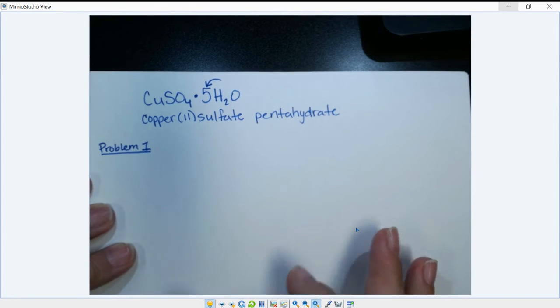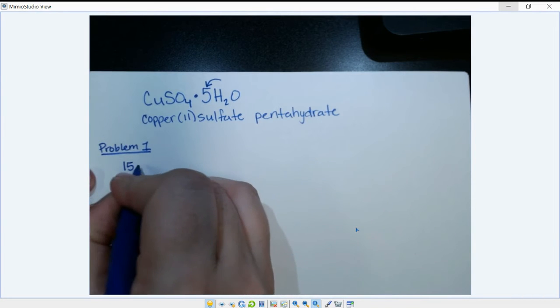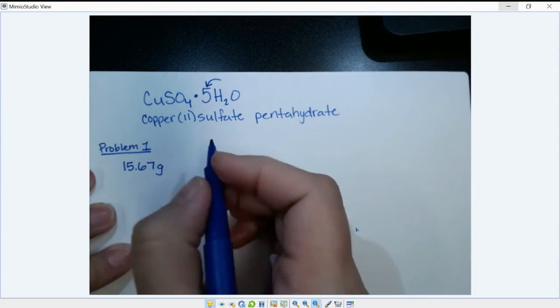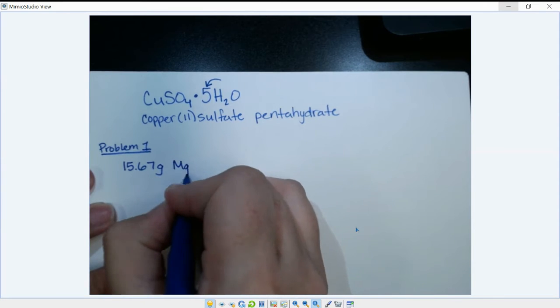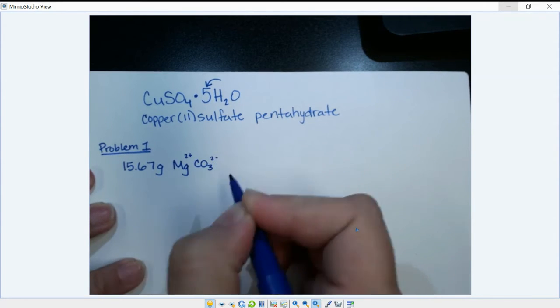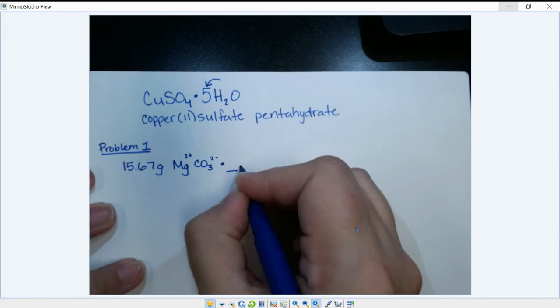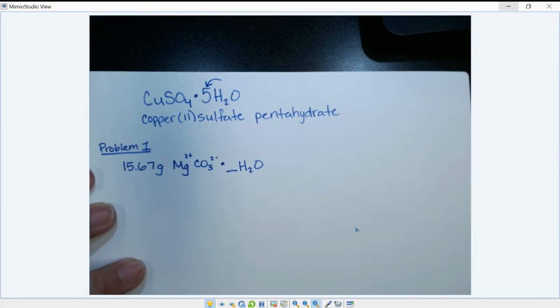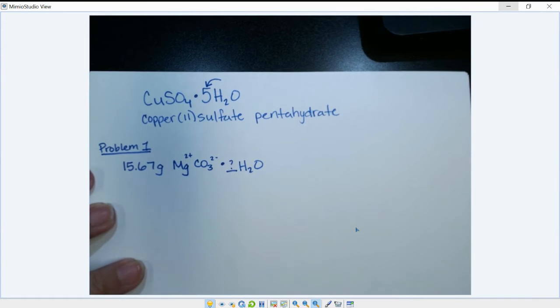Problem 1 says we have a 15.67 gram hydrate of magnesium carbonate. So this is Mg 2+, carbonate is CO3 2-, and it's some hydrate. We don't know what this number is, but it's a hydrate, so it's got an H2O. This is our unknown. And we heat it up.